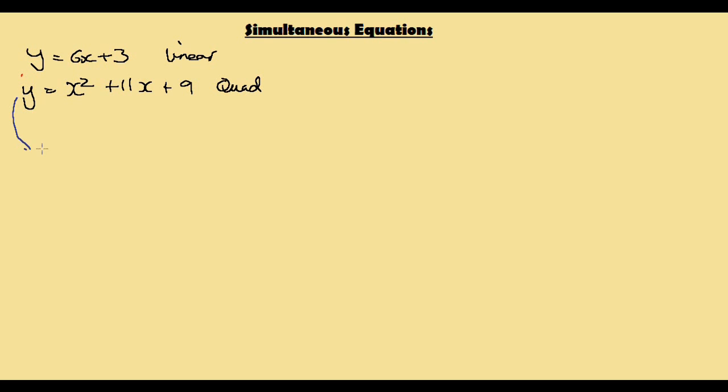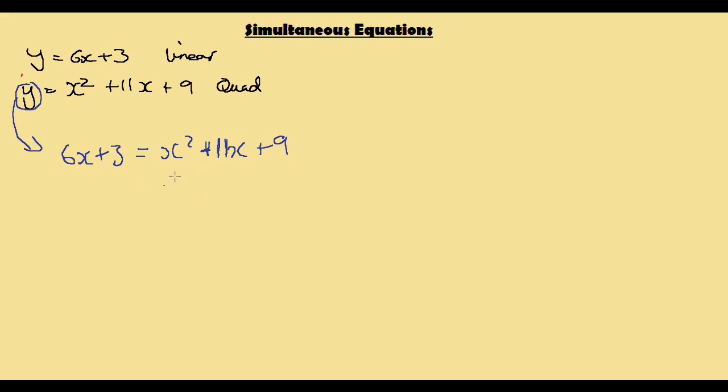So with this equation here, I'm going to change this y for 6x plus 3. So on the left, I'm just going to have 6x plus 3, and on the right, we have x squared plus 11x plus 9. So what's happened here? Well, we've got no y's left, just x's.